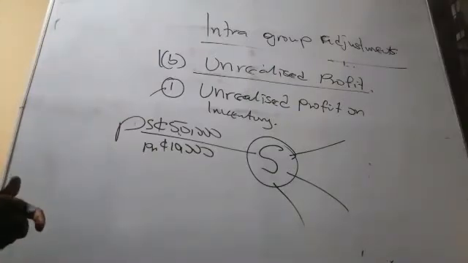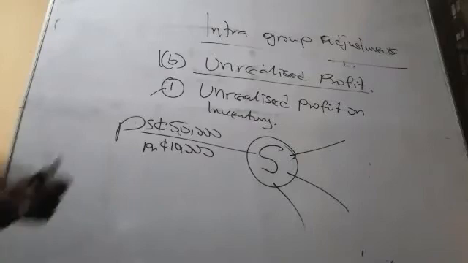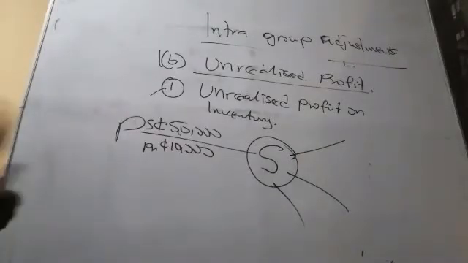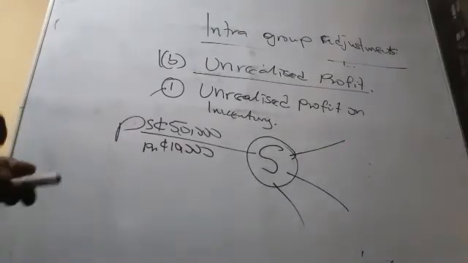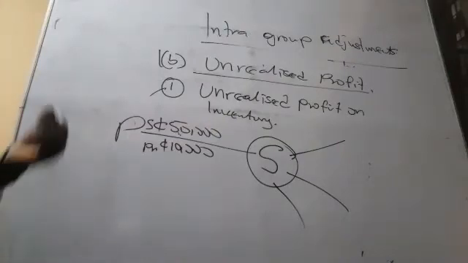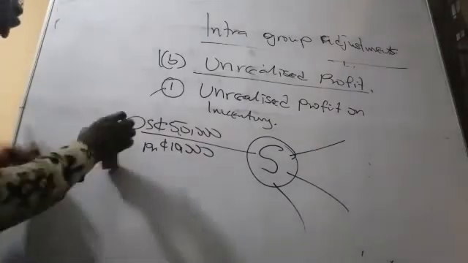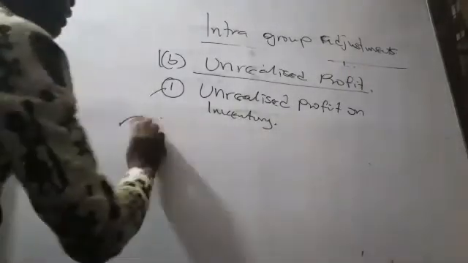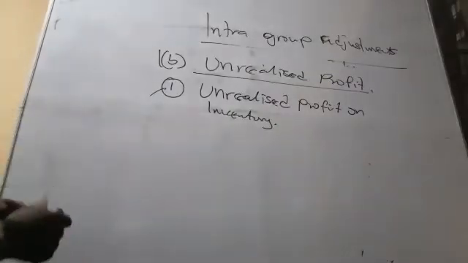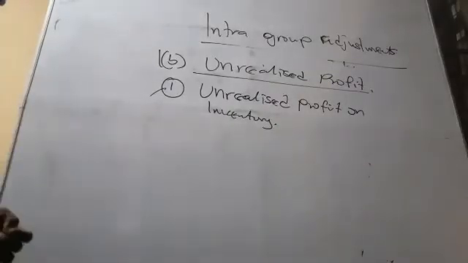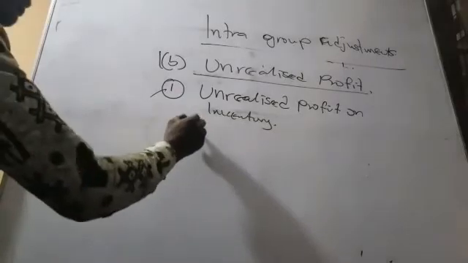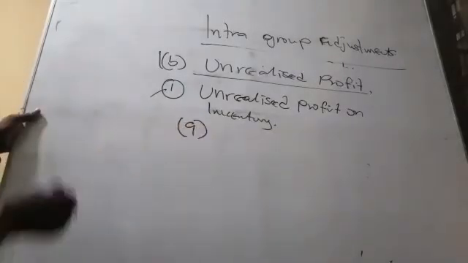It means that you have to find the goods left in inventory times the profit holding. Then we look at the accounting treatment. So first calculate the PUP, that's the unrealized profit, and do the accounting treatment.